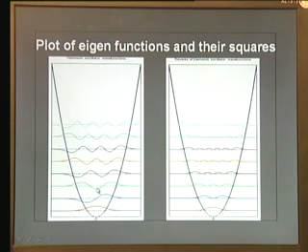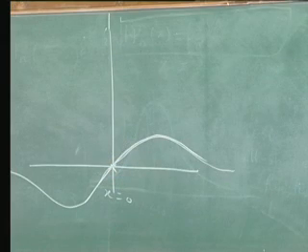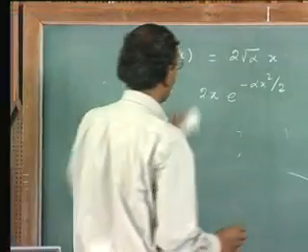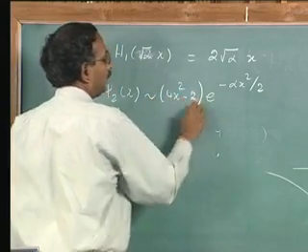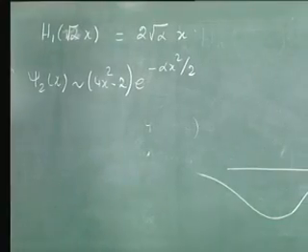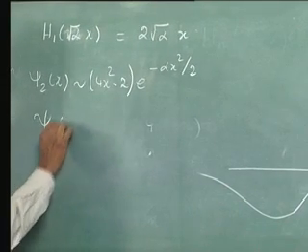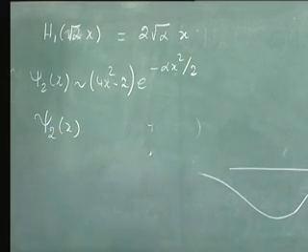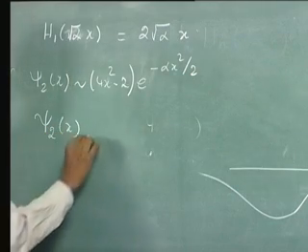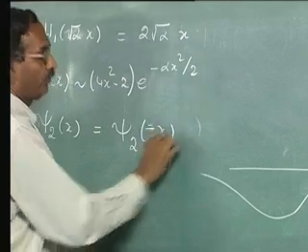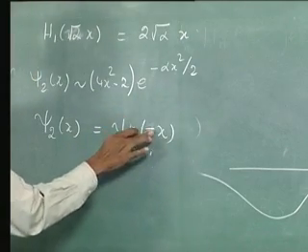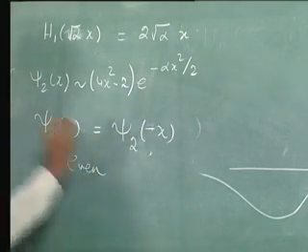The next function is the harmonic oscillator wave function psi 2 of x, which is not 2x but rather 4x square minus 2 multiplied by e to the minus alpha x square by 2. By analogy with the previous wave functions, this is the same whether x is plus or minus. So this is an even function.